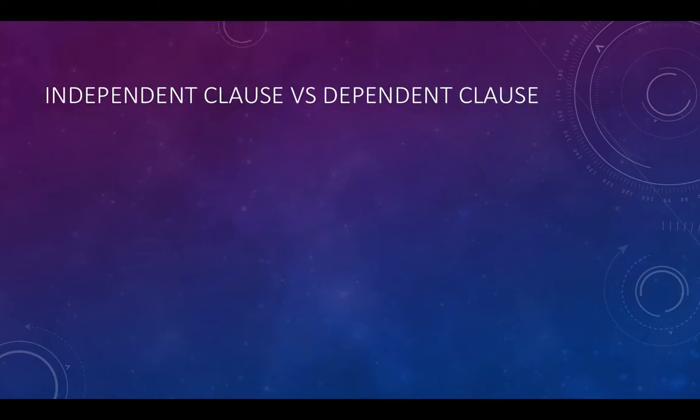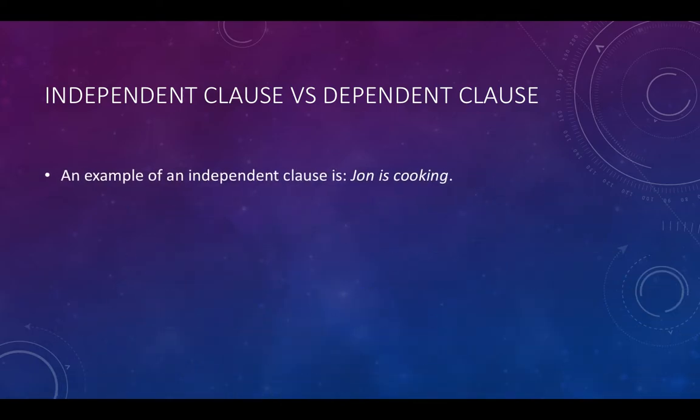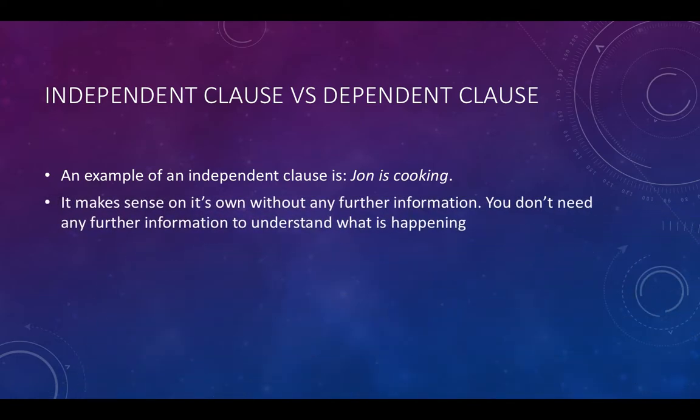Independent clause versus dependent clause. An example of an independent clause is John is cooking. It makes sense on its own without any further information. You don't need any further information to understand what is happening. Simply, John is cooking.